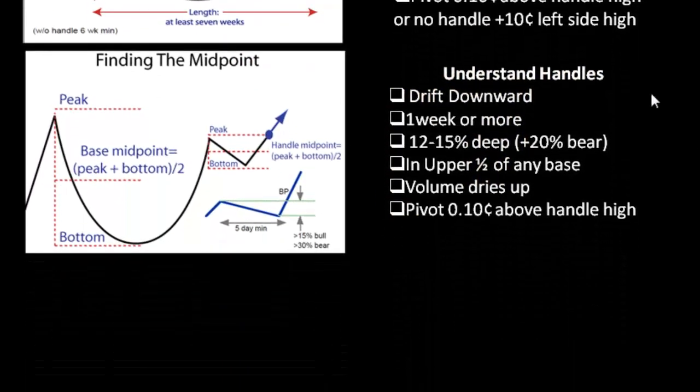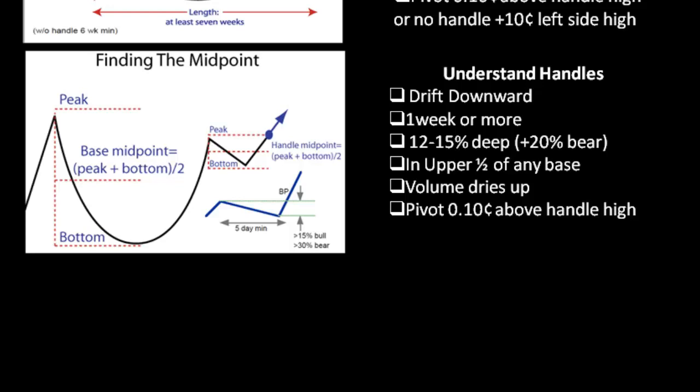And here's a little information on handles. So here's the base, here's the midpoint of the base, and then here's the handle. And so you want the midpoint of the handle to be above the midpoint in the base. It needs to drift down, not wedge up. It usually lasts for 1 week or more.